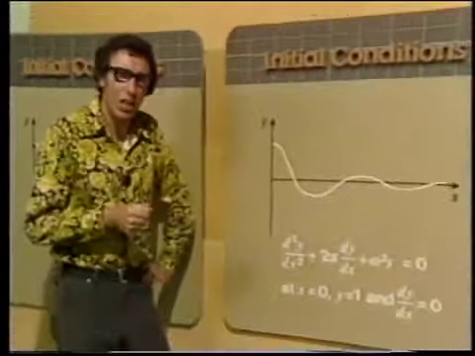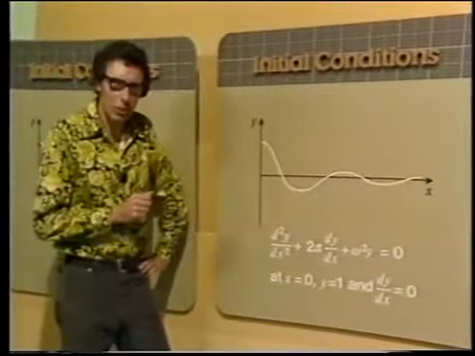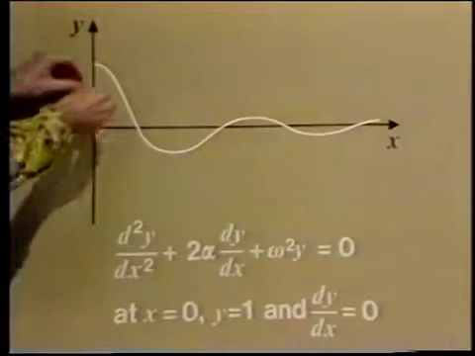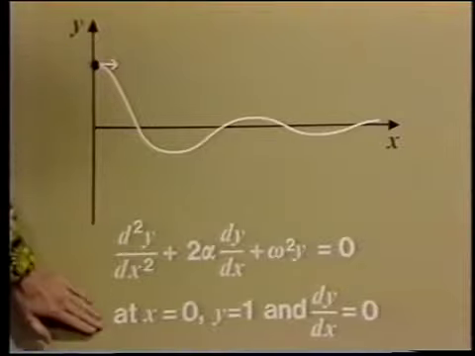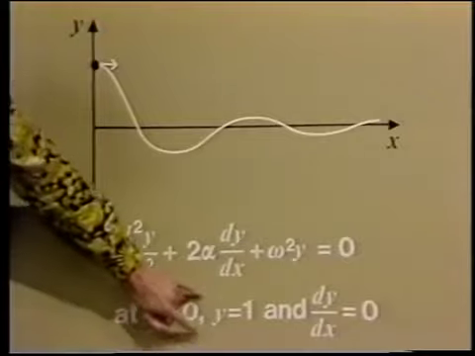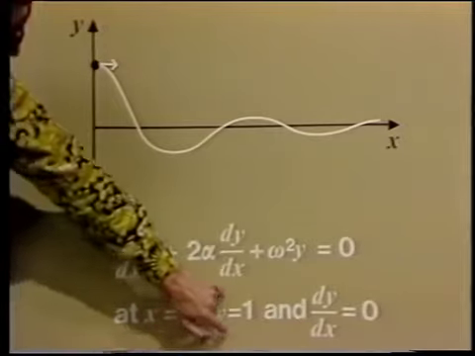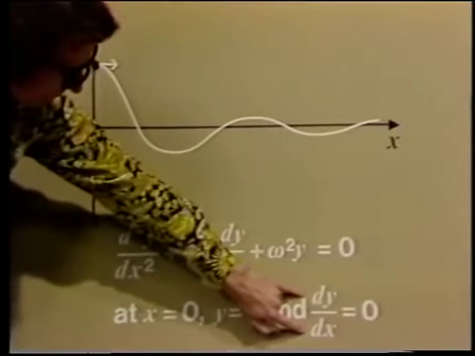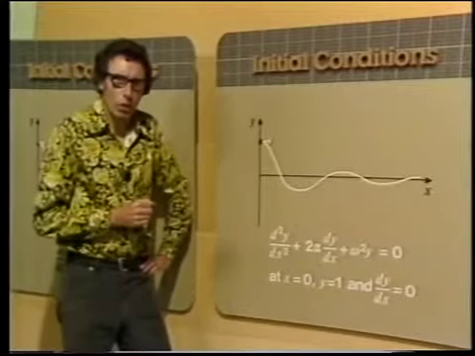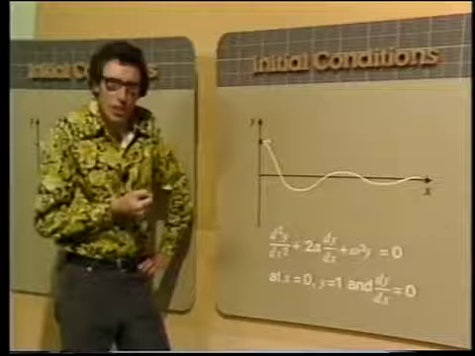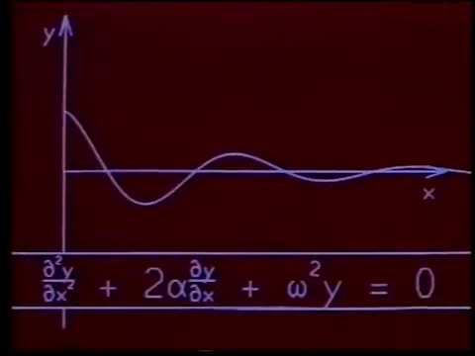So far, we've said nothing about initial conditions applied to this equation. In fact, for all values of alpha, we've been looking at the solution satisfying these initial conditions. That is, that at x equals 0, the value of y is 1 and the gradient is 0. Now, let's fix the value of alpha for now and look at some different initial conditions. Here's the oscillatory case.